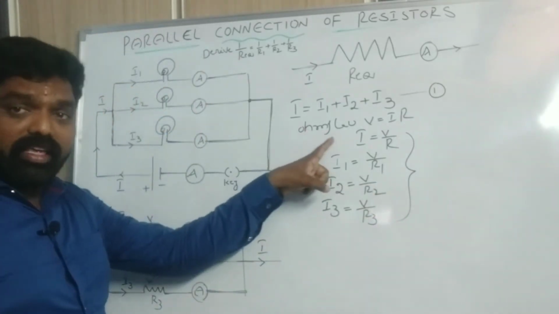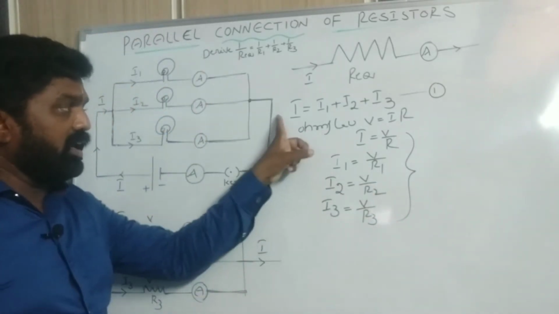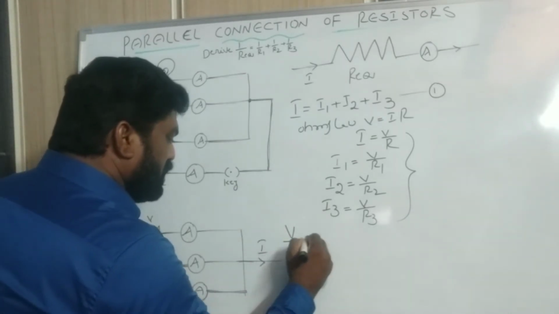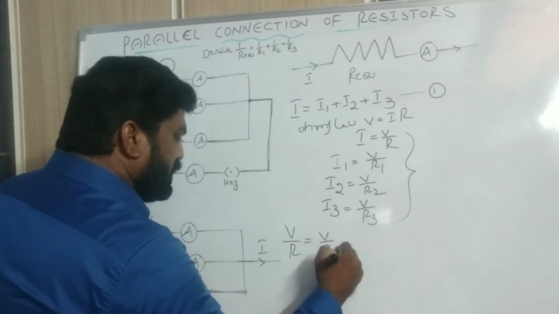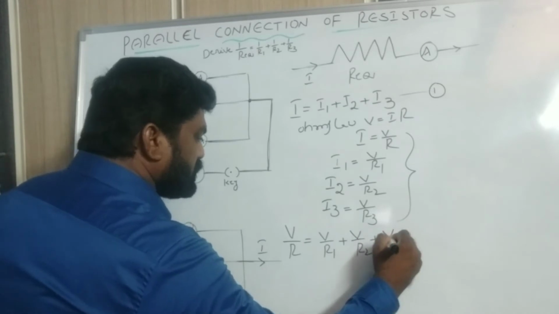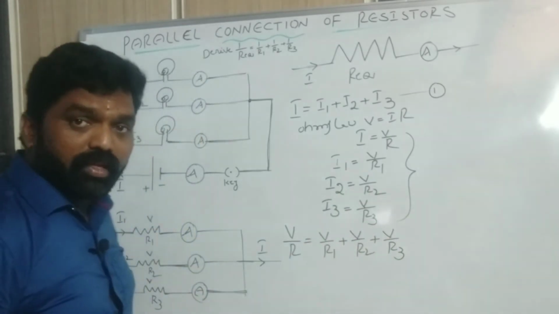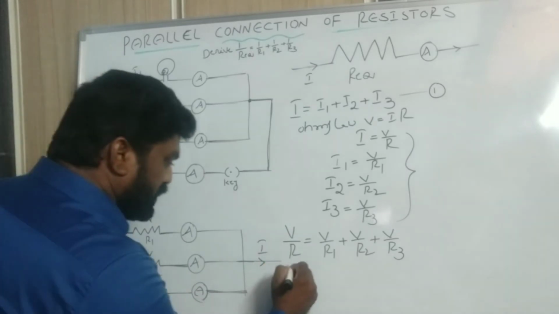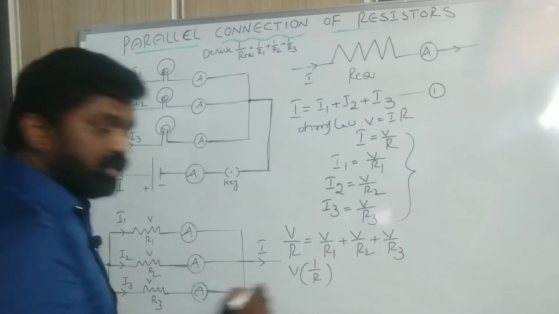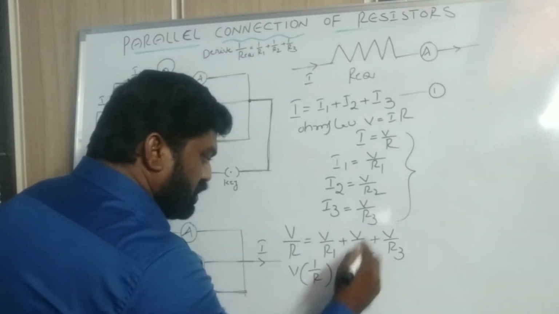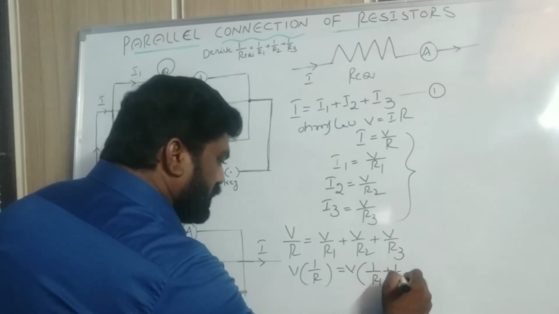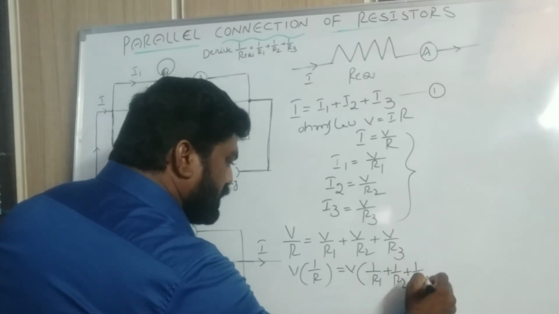Now substitute these I1, I2, I3 in equation 1. Then V by R equals V by R1 plus V by R2 plus V by R3. Now here V by R is written as V into 1 by R, that equals, here V is taken common, V into (1 by R1 plus 1 by R2 plus 1 by R3).